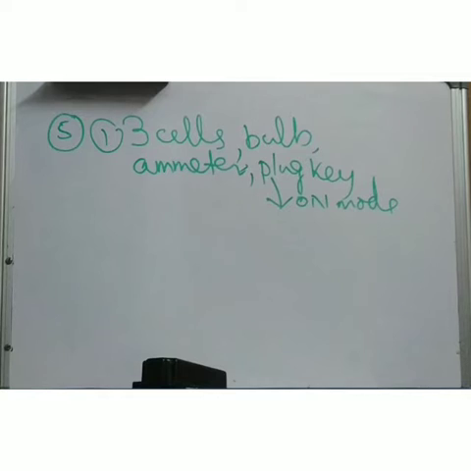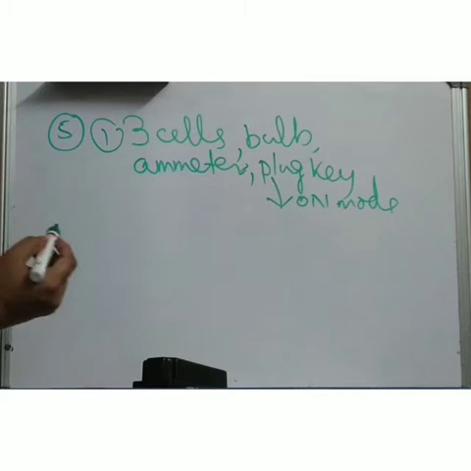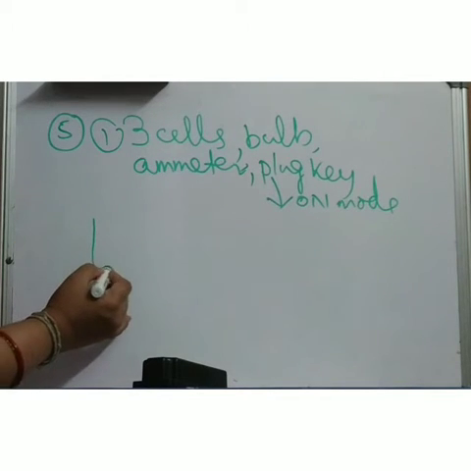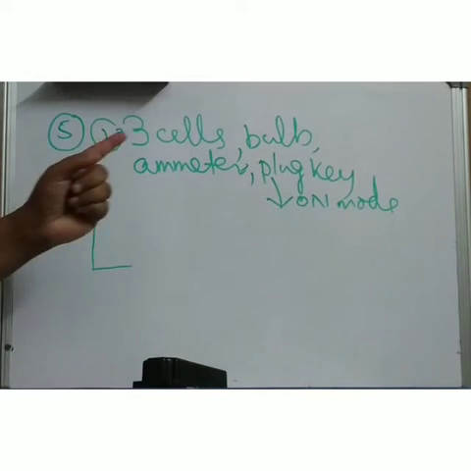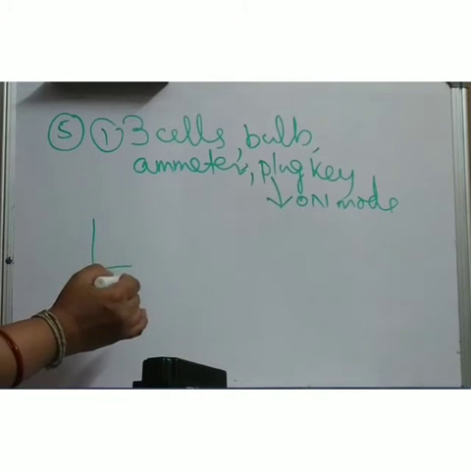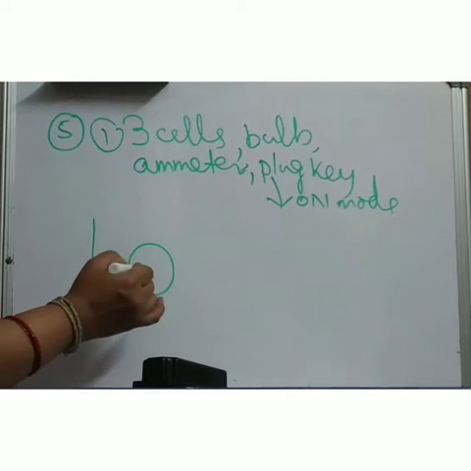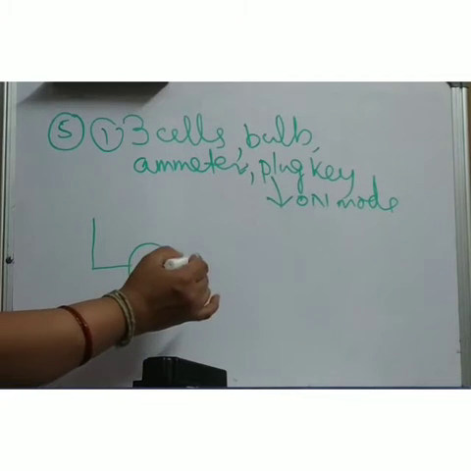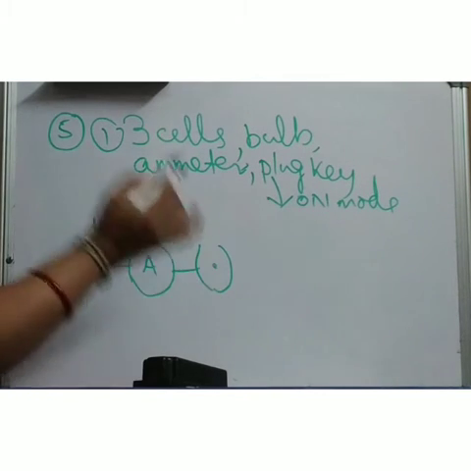So how to draw the diagram of this circuit? The ammeter is connected in series. We have already discussed that the positive terminal of the ammeter is connected to the positive terminal of the battery. But how to connect these 3 cells? Suppose this is your ammeter and this is your key in on mode.